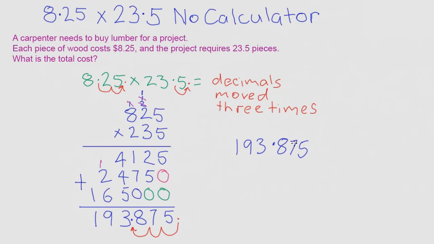But because we only have multiples of 5 cents, the nearest round up would be 90. 90 cents would be your obvious rounding up from here. So a logical answer, rounded, is $193.90.